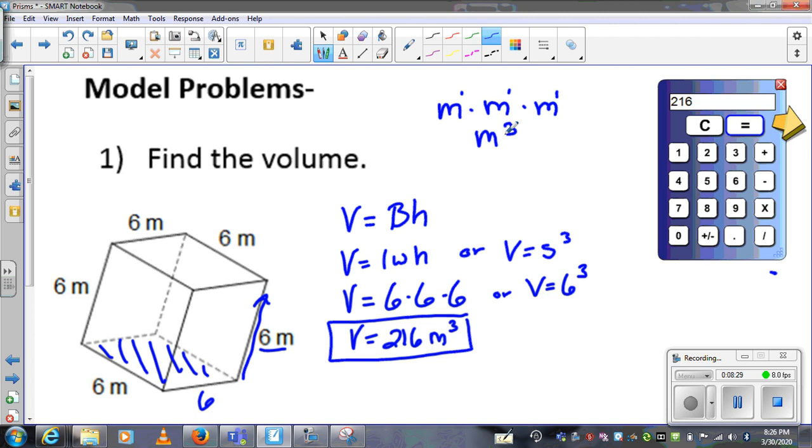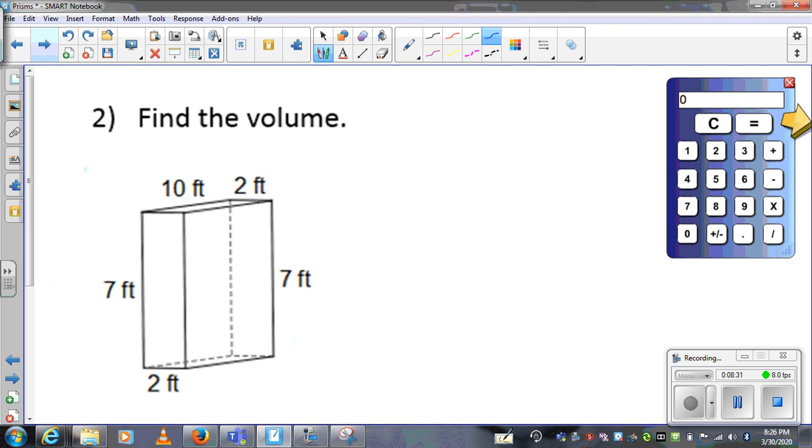Let's try another one. Find the volume of this. Okay, so you can either use this formula, big BH, or it's a rectangular prism, length times width times height. We got to figure out what our base is here. If I use this right here as my base, and that's fine, then the length and the width of that would be 10 times 2.